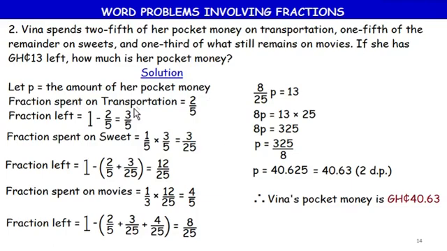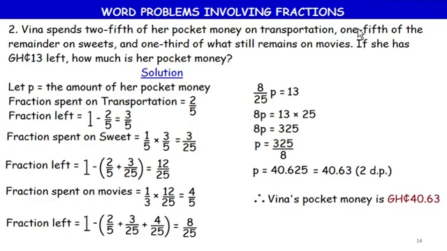Now let's take each sentence one after the other and analyze it. It says Vina spends 2/5 of her pocket money on transportation. So the fraction spent on transportation is 2 over 5, as we are told by the question.